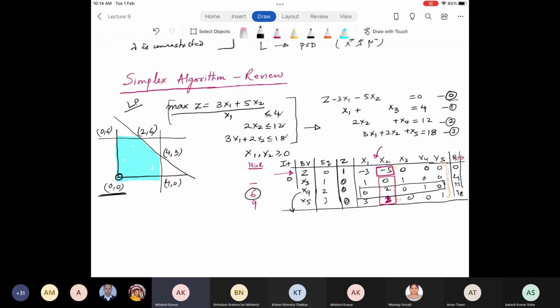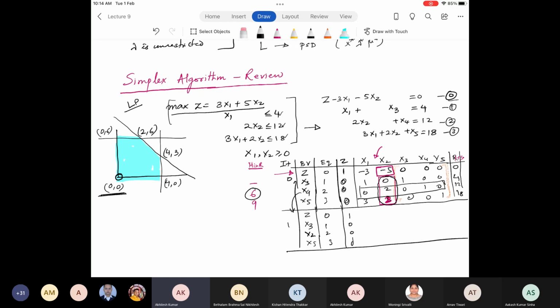So in the next iteration, I will have g, x3, x2, and x5. Since x2 will be calculated from this row, we have to make its coefficient 1 here, so that it is in the proper Gaussian elimination form. I hope you know what proper Gaussian elimination form is. Otherwise, just refer to it after this class.